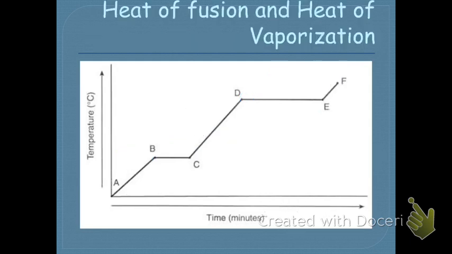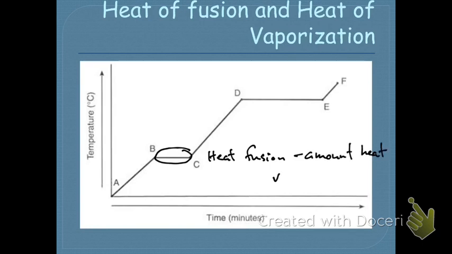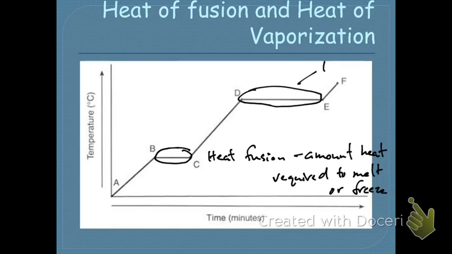All right, just a couple terms though. There's a certain amount of heat, so the heat of fusion. This is the amount of heat required to melt or freeze. And then this is your heat of vaporization.